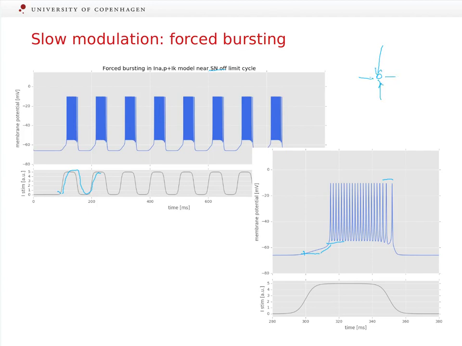So that would be a saddle, and near it there is a limit cycle. And as it passes near this slow corner, the spiking rate decreases.